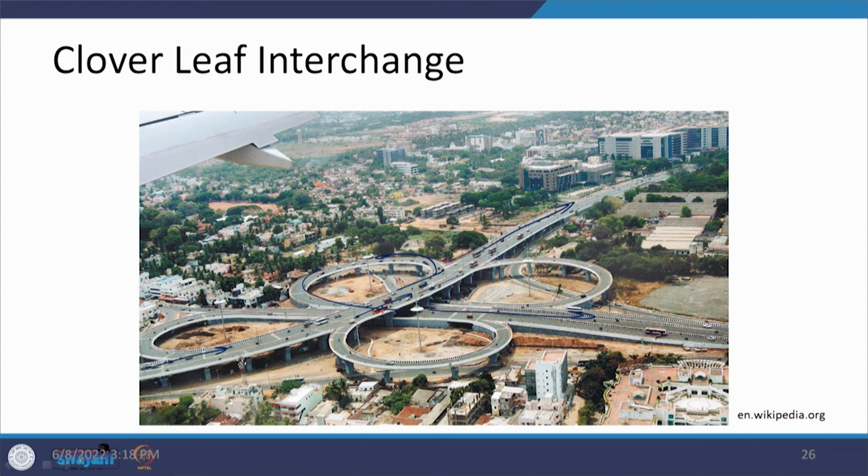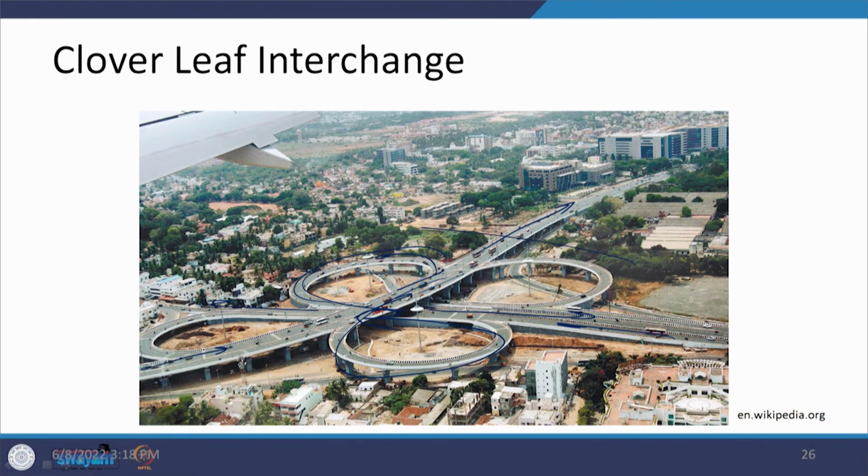Similarly, the traffic which is coming from here can go straight, the traffic which is coming from this one can go this way. So, there are different ways in which this traffic can keep moving, but what you can see is that the space required to provide this is quite high, and the left turnings have been provided at this location or at another location. So, this is the total area, and these left turnings are through the diagonals.